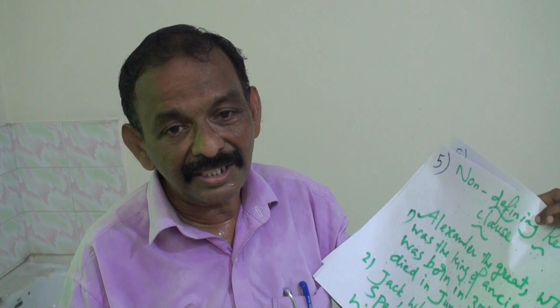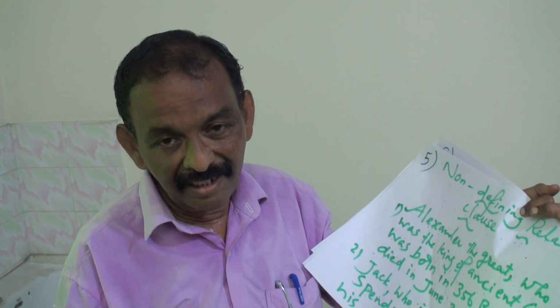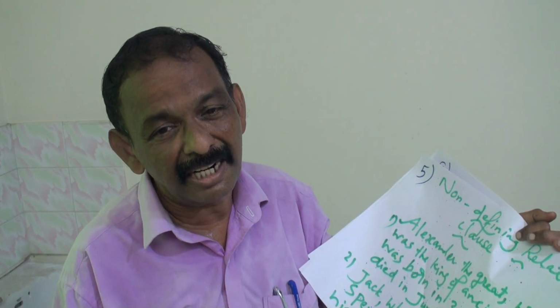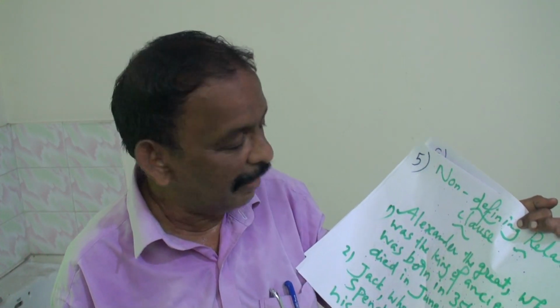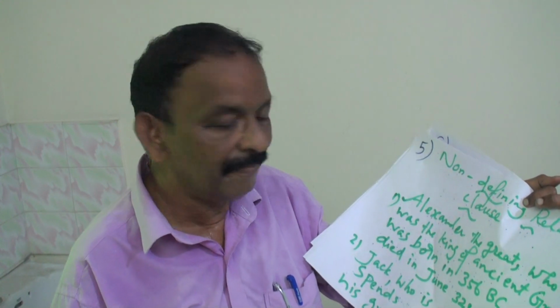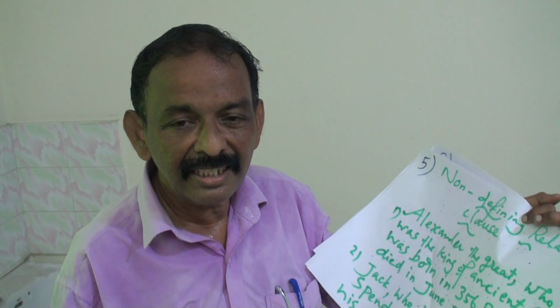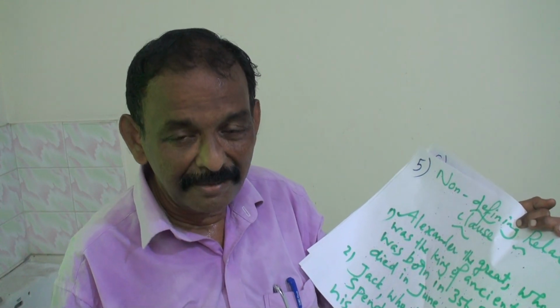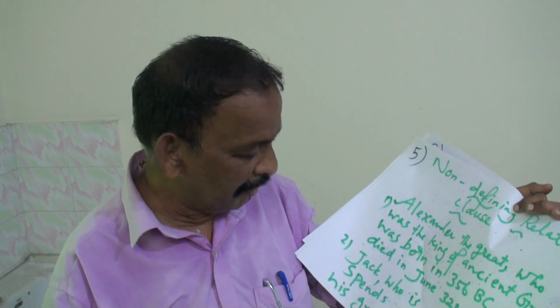Once a comma is given, other information that follows is continuous. You can add lots of information by providing commas. That is one piece of information, and was born, other information, and died, other information. You can connect lots of things.